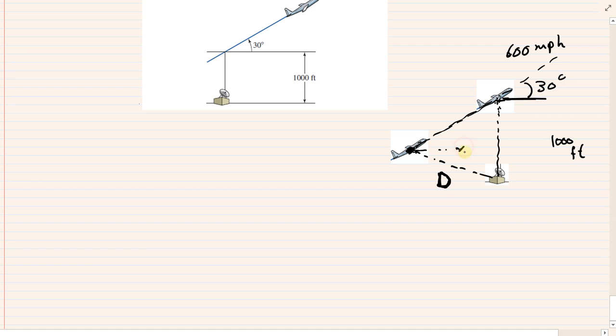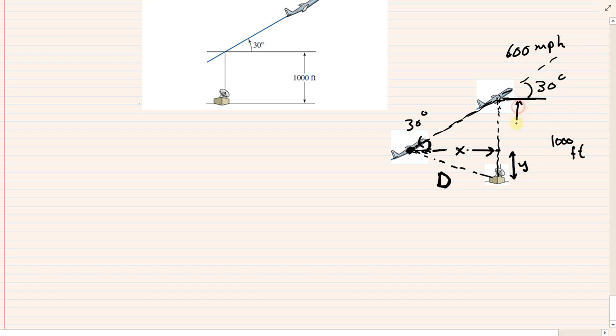So this is the horizontal distance, call it x, from here to here. Okay. And this is the angle, the 30-degree angle. And let's see. At that time, some t again, before it reaches the altitude of 1,000 feet directly above the radar, this distance is going to be y.